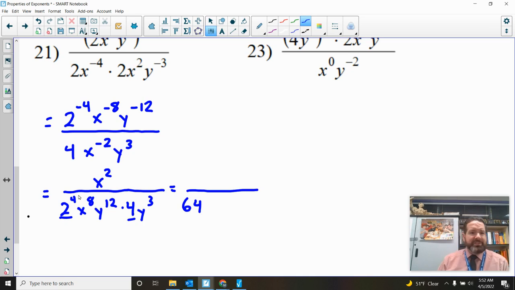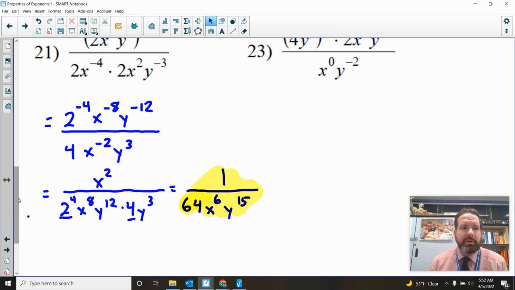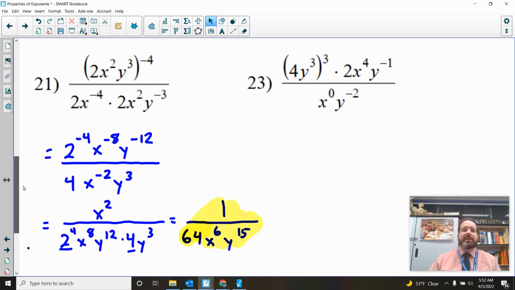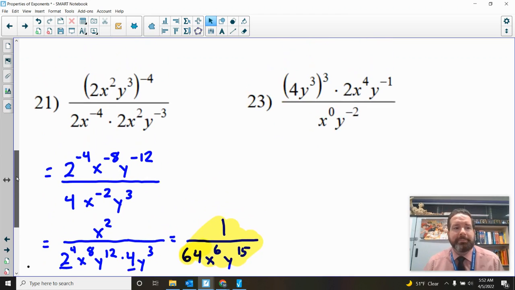Now, as far as x's go, I've got x to the 8th on the bottom, x to the 2nd on the top, so I have 6 extra x's down below. And for my y's, 12 plus 3 is going to give me a 15 down below. Moral of the story, keep track of your work. Keep track of everything, and you should be able to do okay.